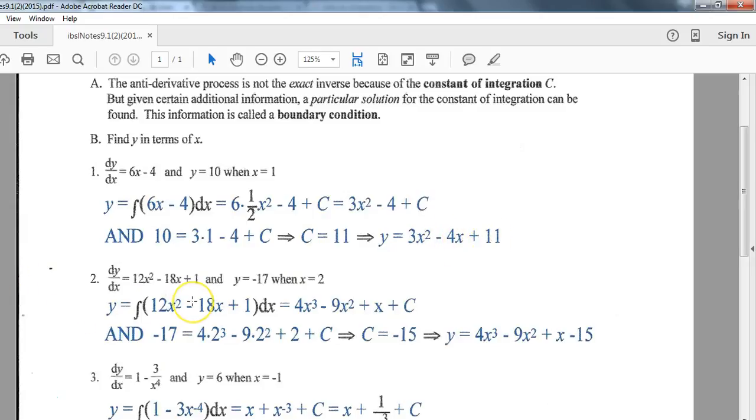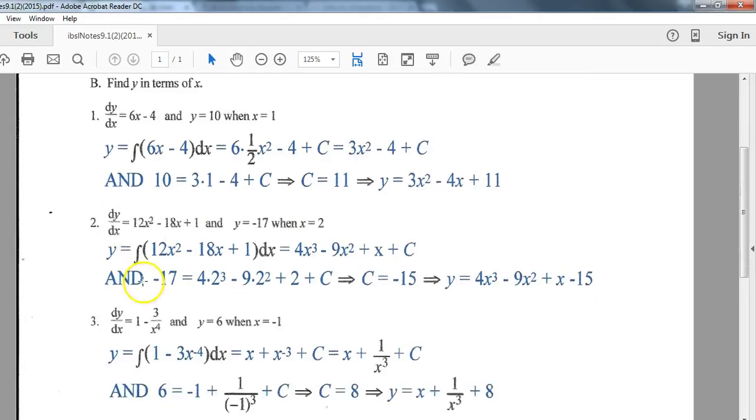Same thing on this one. If you pause right now and give it a try, this would be a good time to do that. But again, I am starting with the derivative, and then we are going to find the integral of this function. If we follow that same power rule, this is going to become x to the third over 3, x to the second over 2, x to the first over 1.